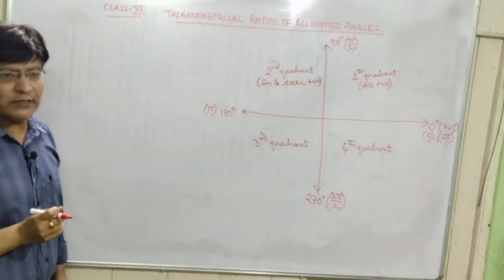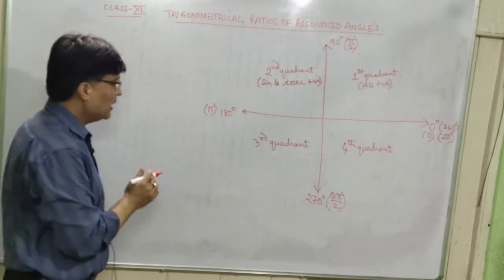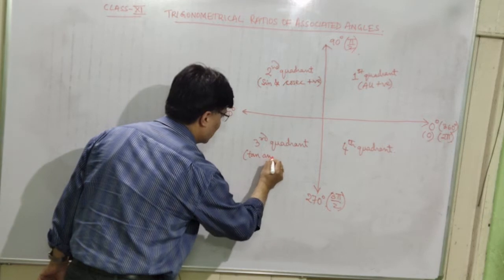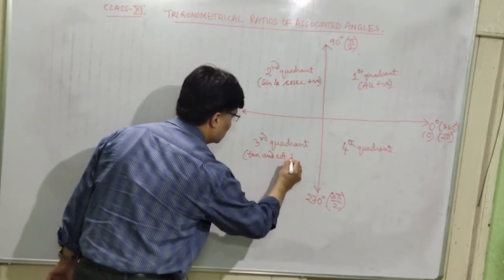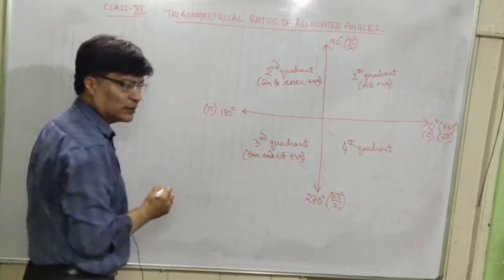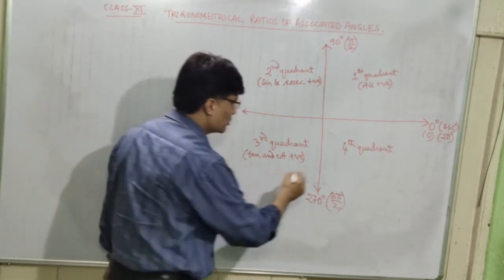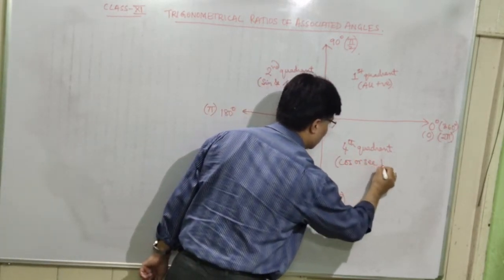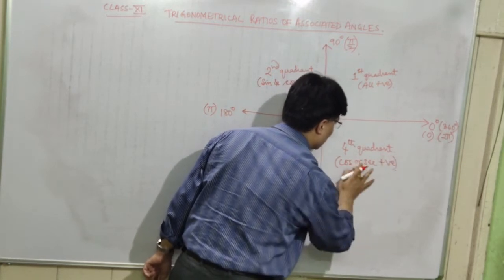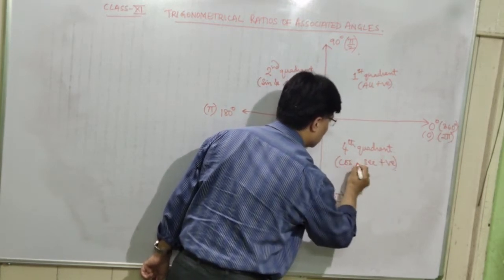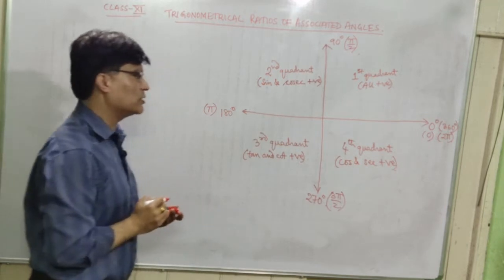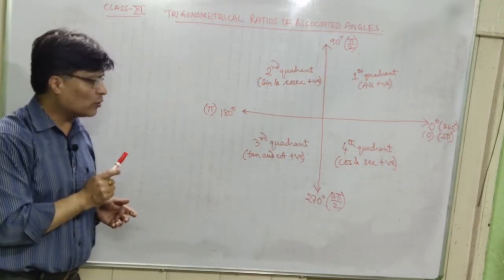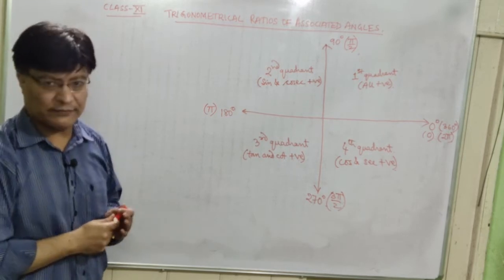In the third quadrant, tan and its inverse, cot, are positive. And in the fourth quadrant, cos and sec are positive.